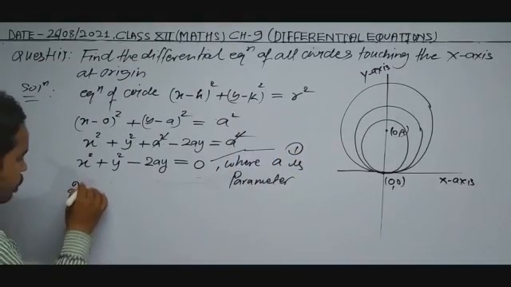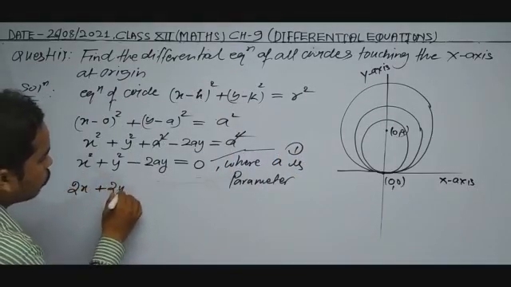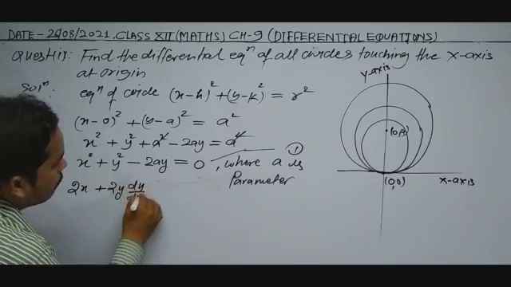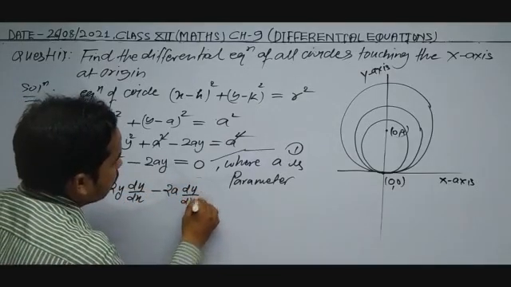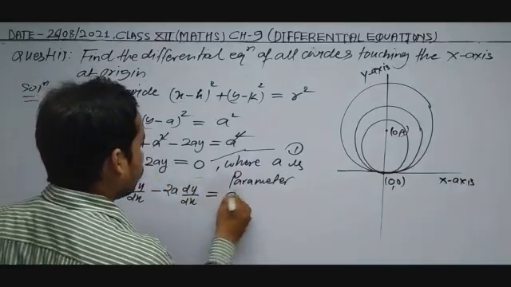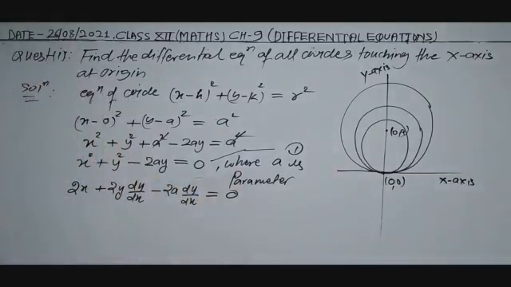So after differentiation, what will be the result? 2x plus 2y dy by dx minus 2a dy by dx is equal to 0. Now we have to find small a, which is a constant.